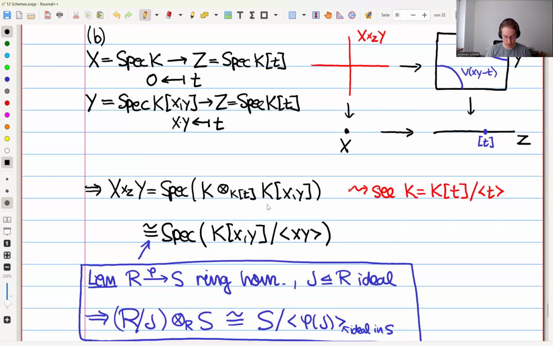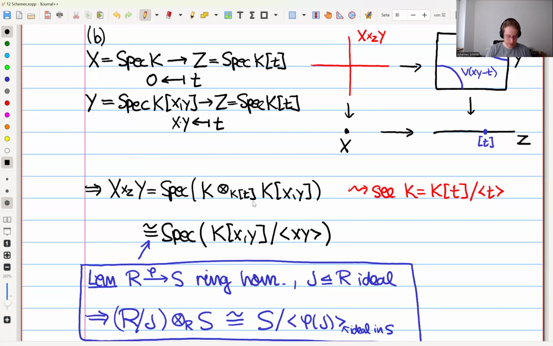Well, we have to use a result from commutative algebra. And what we can do is we can see this k here as k of t modulo t. And this way we explicitly identify it as an algebra over k of t.